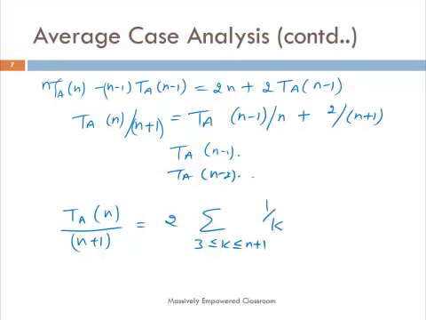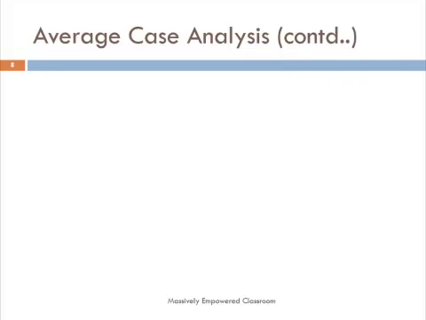Right? That's the summation we arrive at. Now we are going to analyze this particular summation. Let me do that on the next slide. So we had T_a(n) divided by n plus 1 equal to 2 times sigma 3 less than or equal to k less than or equal to n plus 1 of 1 by k.